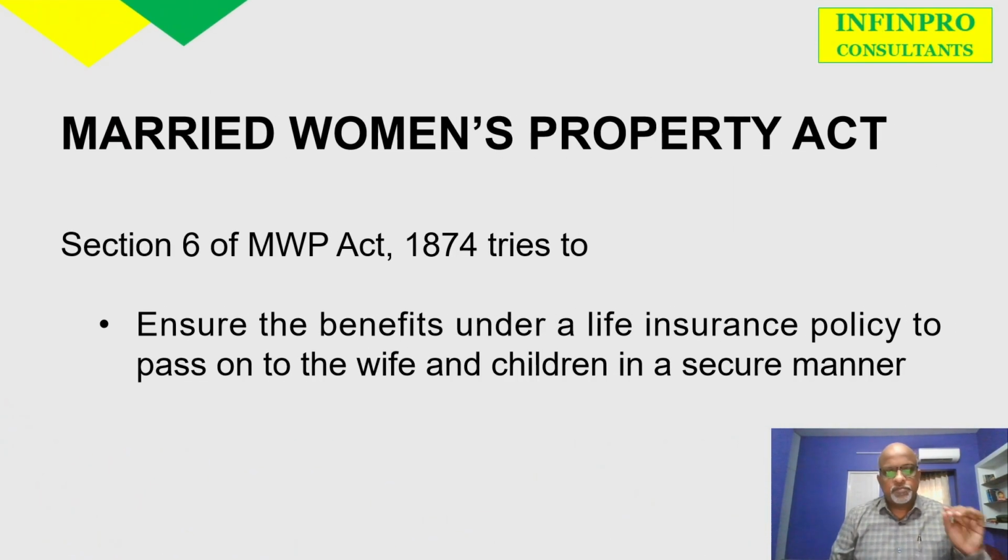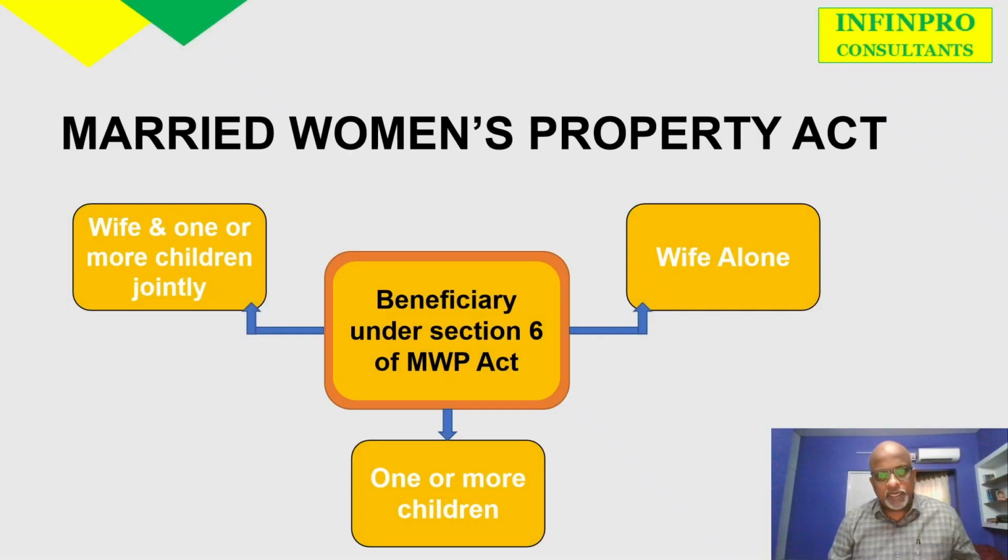This specific act takes care of protecting the interest of married women and the children, of course. Under section 6 of the MWP Act 1874, the benefits under a life insurance policy are passed on to wife and children only, in a secured manner, if the policy is taken under the MWP Act.